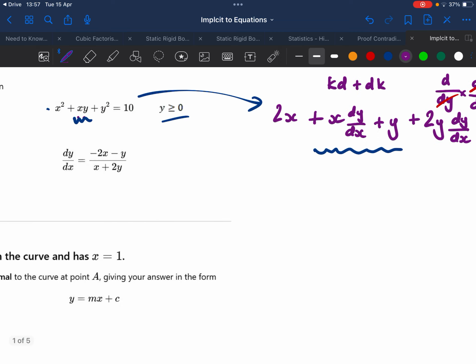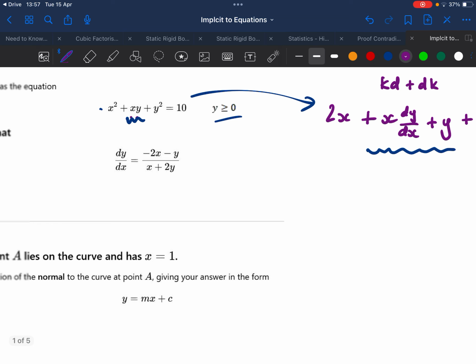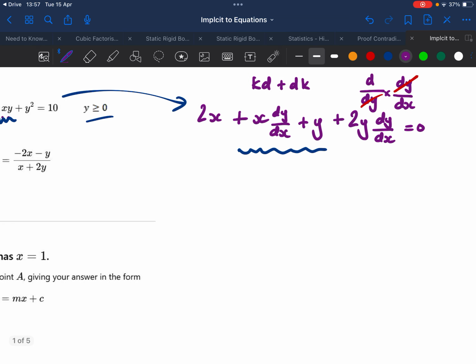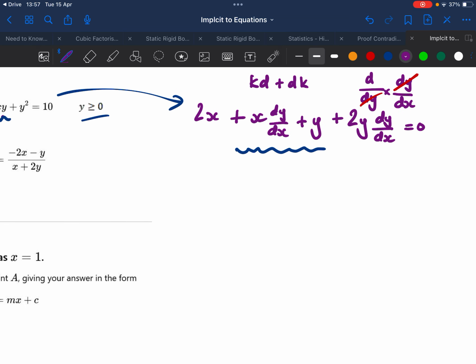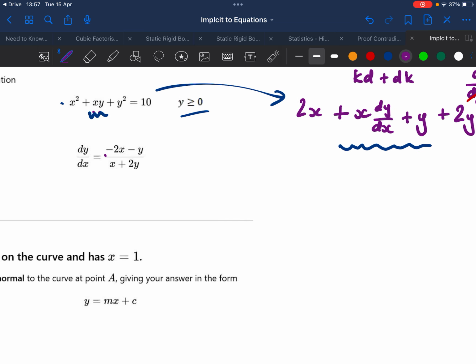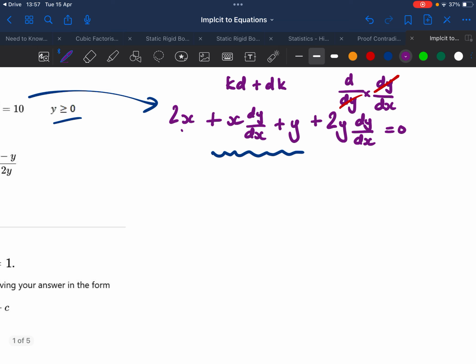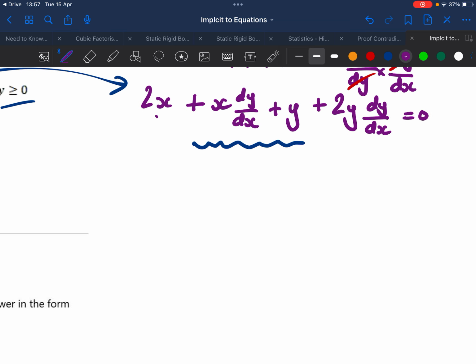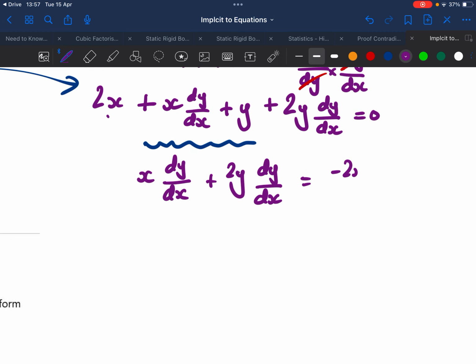So what's the next part? The next part is going to be to try and get all the dy dx parts together. So move them all to the same side, move everything else to the other side. If I look at here as well, minus 2x, and I've got 2x. So it's slightly easier if I move the pieces and keep the dy dx parts here. So let's do that. x dy dx plus 2y dy dx equals minus 2x minus y.